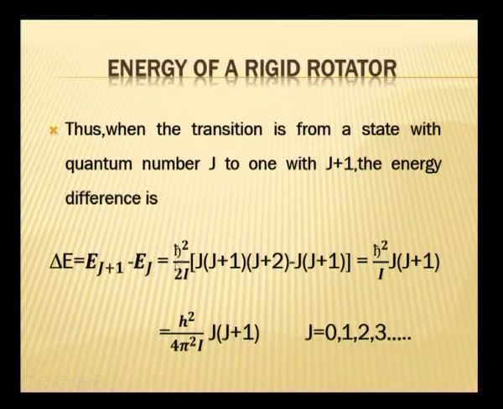That will be obviously h bar square by 2 I, times j into j plus 1 into j plus 2 minus j into j plus 1, that becomes h bar square by I into j plus 1, that is equal to h square by 4 pi square I into j plus 1, and j will take values of this kind.